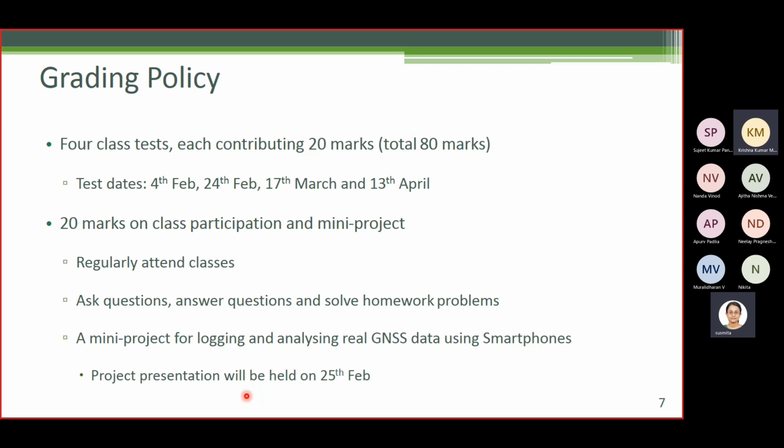Not like that. You should also analyze the results: why you are getting these results, in what kind of environment you have collected data, how many satellites are visible, what is the quality of the signal, what kind of outputs you are getting. All these things you need to analyze and then explain in the presentation.